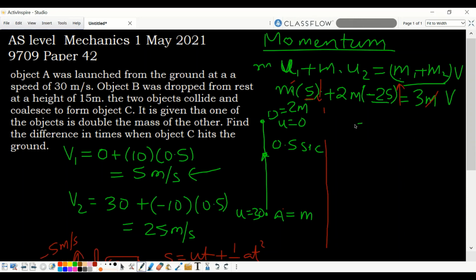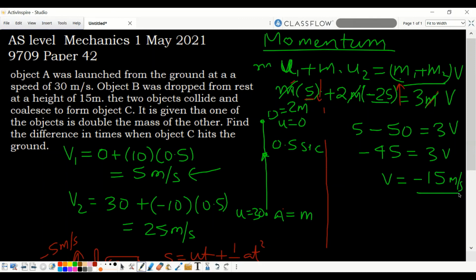So it becomes 5, again m, and m will get cancelled out. So 5 minus 50 equal to 3V. So minus 45 equal to 3V. That gives us V equal to minus 15 meters per second. In this case, the object will go up by 15 meters per second. Earlier it was 5 meters per second.